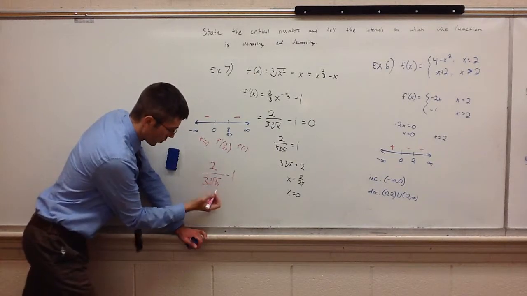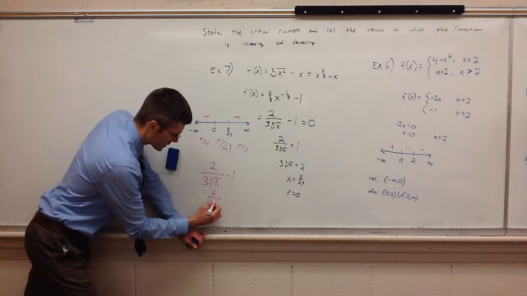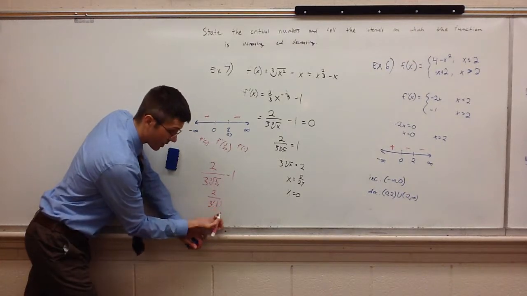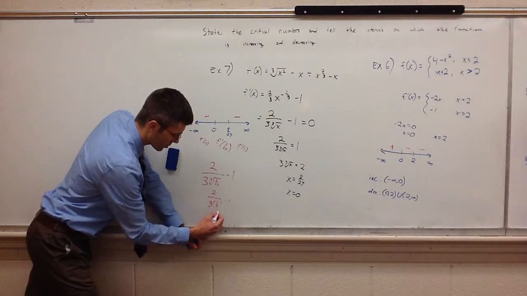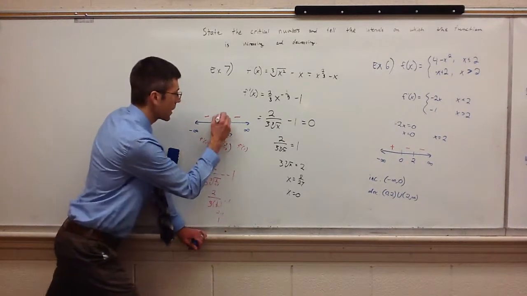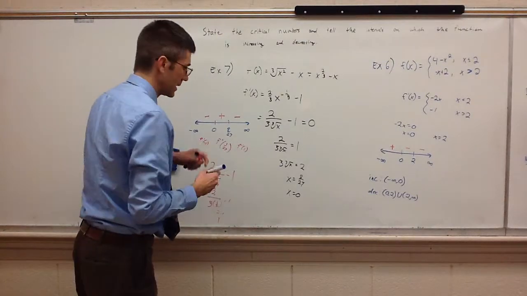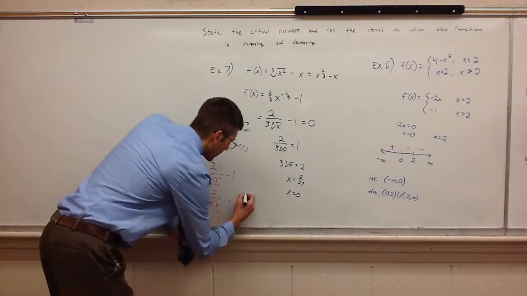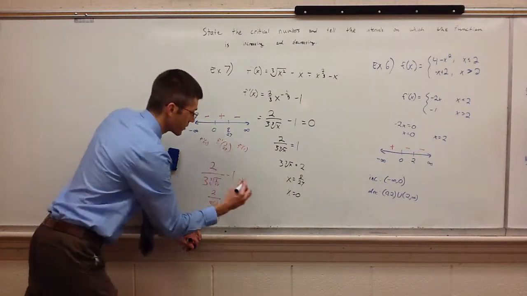So the cube root of 1 over 27 is a third, so 2 over 3 times 1/3. 3 times a third is 1, or minus 1. So the 3's cancel, 2 over 1, 2 minus 1 is 1. It is positive. Okay, that tells me a lot. That tells me that it is increasing from 0 to 8 over 27.